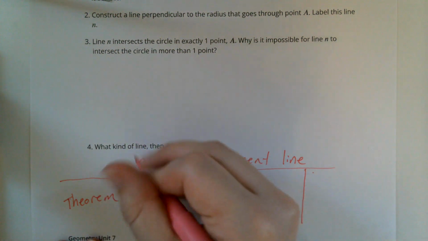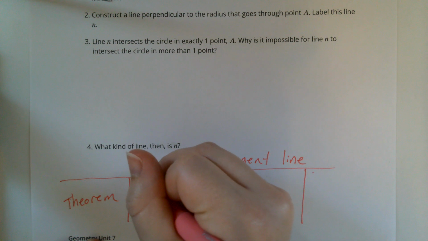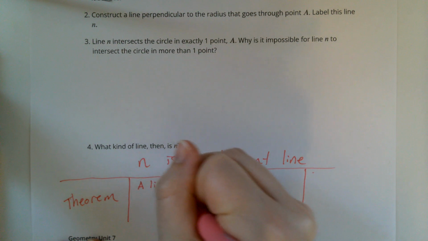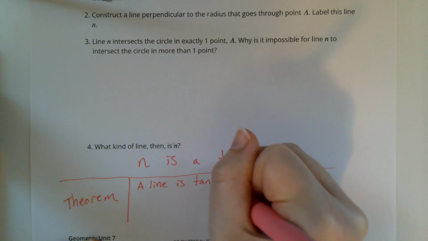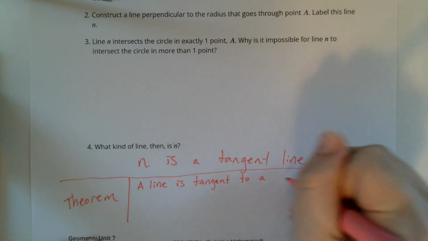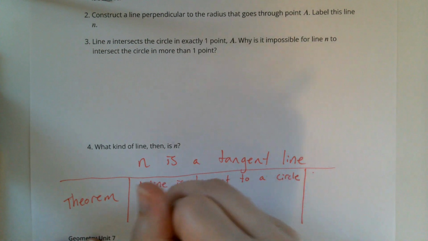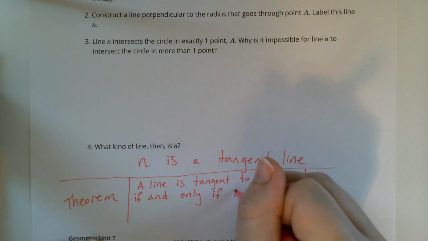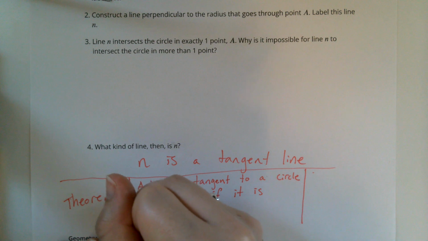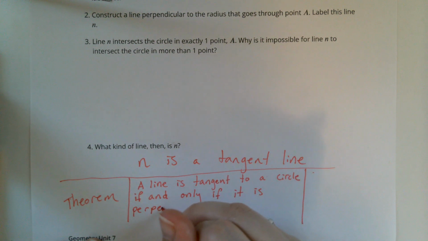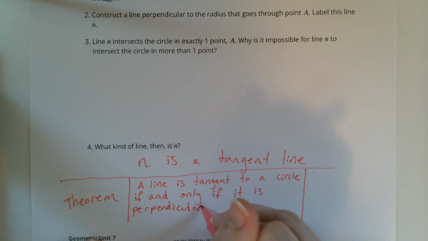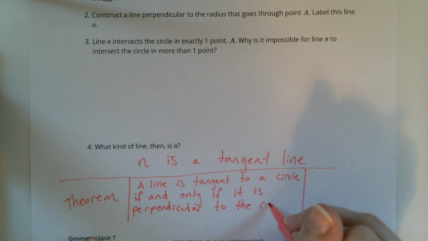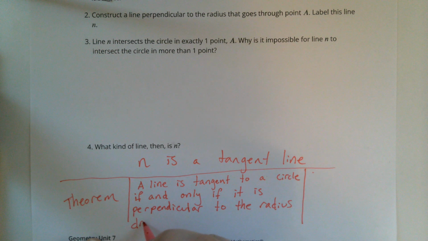What we're going to say is a line is tangent to a circle if and only if it is perpendicular to the radius drawn to the point of tangency.